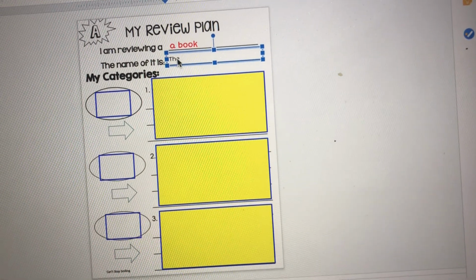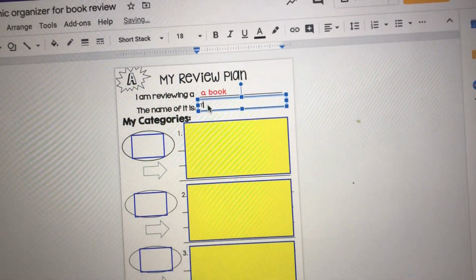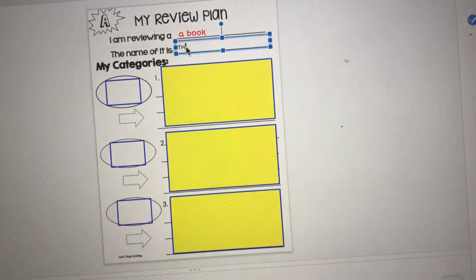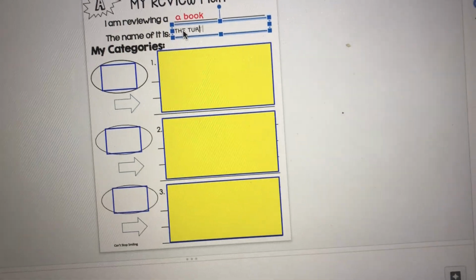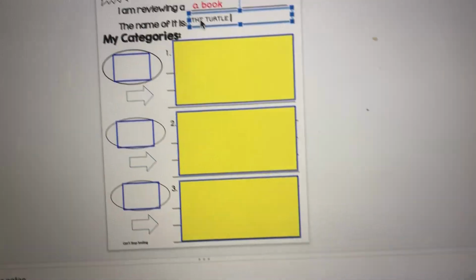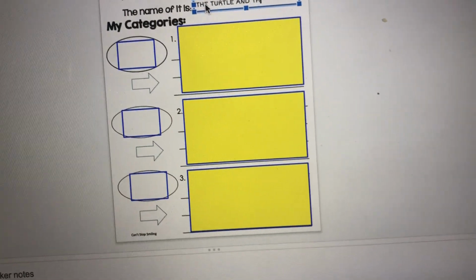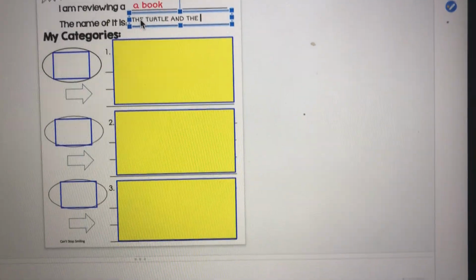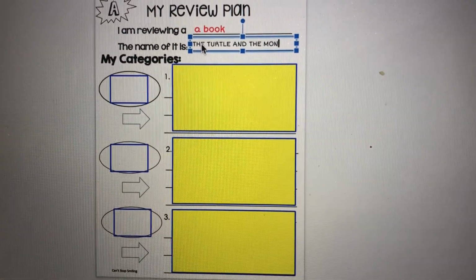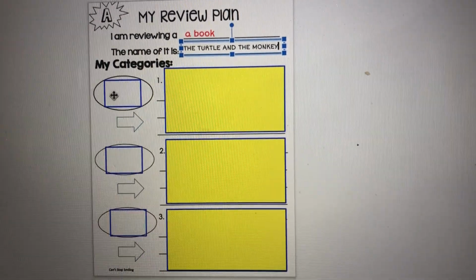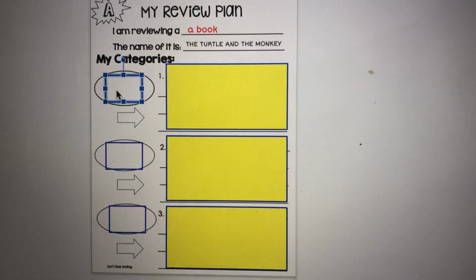Mrs. Bruin is going to make my life easier for one second because I'm holding my cell phone. I'm going to do everything in all caps, so it'll just be one less thing I have to do, okay? The Turtle and the Monkey. Okay, so I'm just adding that to the title. So over here is where I'm going to put a category.